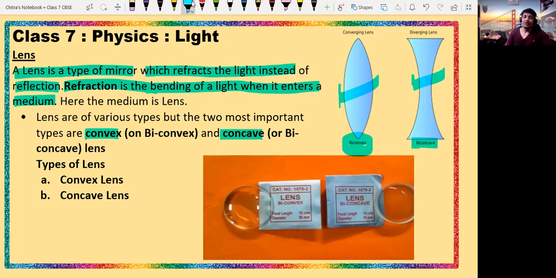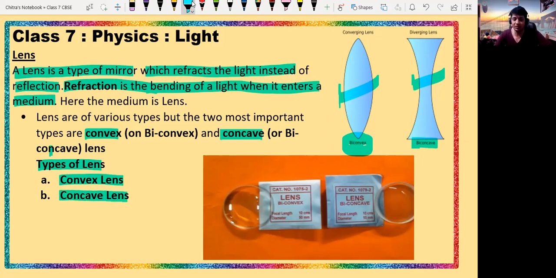So let's discuss the types of lenses. On the basis of their outer surface being bulged out or bulged in, we have two types of lenses. One is called the convex lens and the other is called the concave lens.